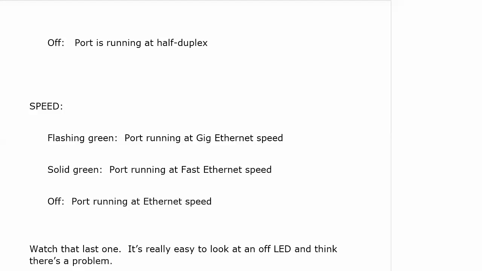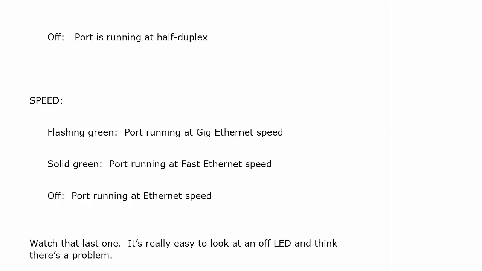Now with the speed, and you've got to watch this one, flashing green means your port is running at Gigabit Ethernet speed. Solid green means it's running at Fast Ethernet speed, and off means it's still running, but it's running at Ethernet speed. Again, watch those last two because it's really easy to look at an off LED and think there's a problem when there isn't. And that really sums up the lights.